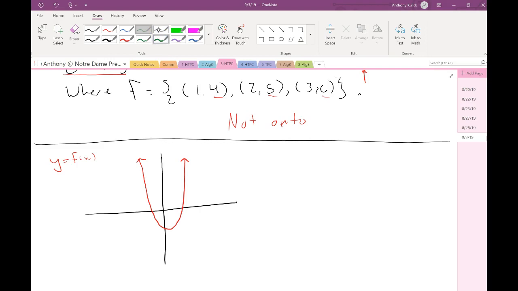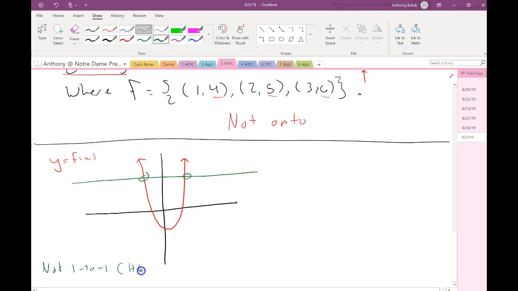Sam, you're shaking your head. What do you see here? It's not one-to-one. And how could you tell that? Great. So, for example, if I take this y coordinate here, it's definitely used twice, right?